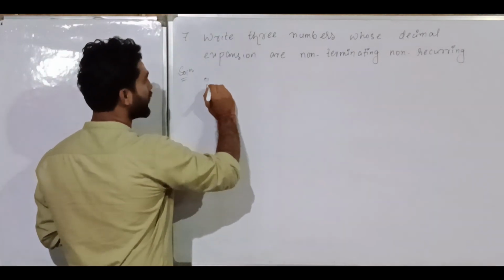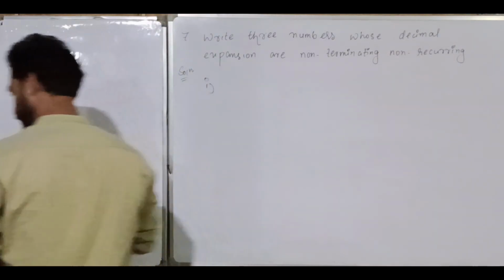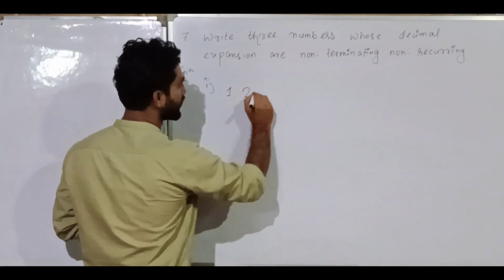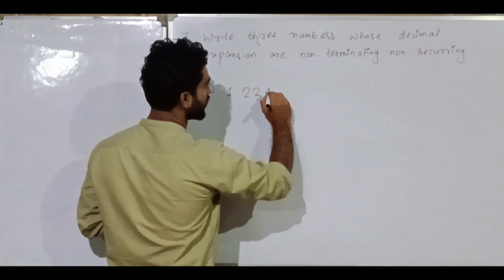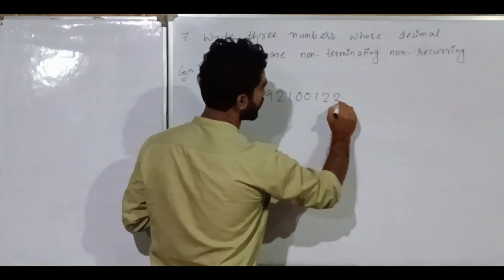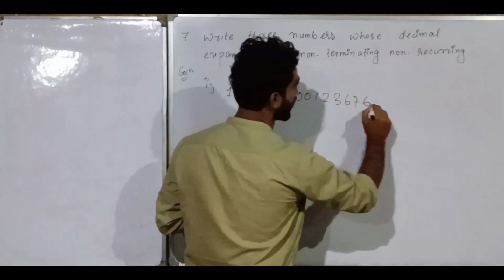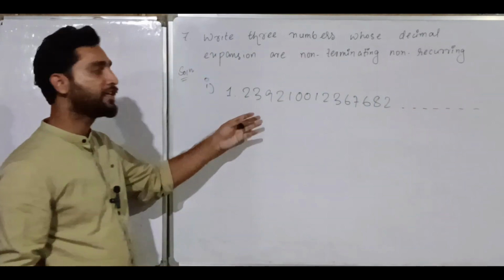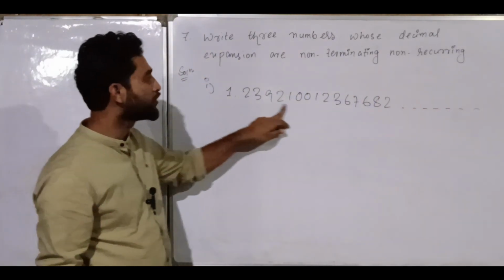So for example, one such number is 1.23921001236782, and so on. The only thing you have to be careful about is that the digits should not be repeating.